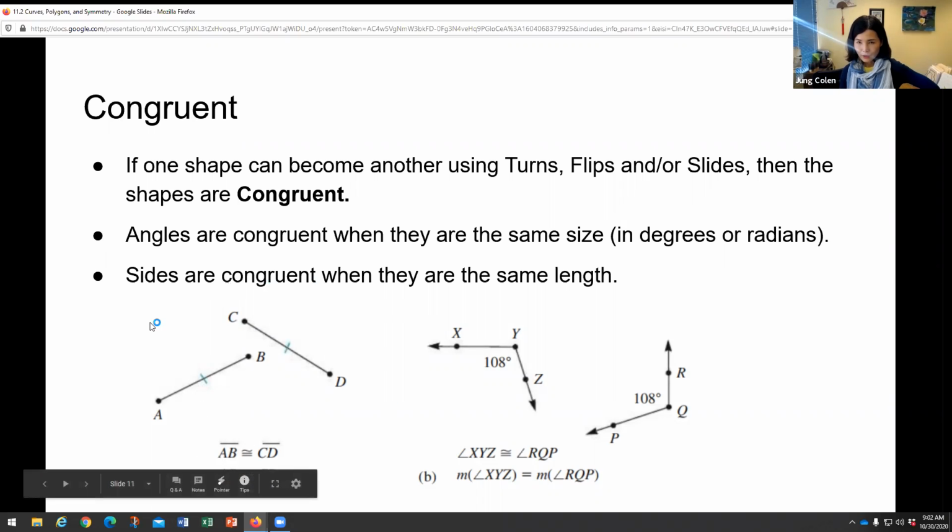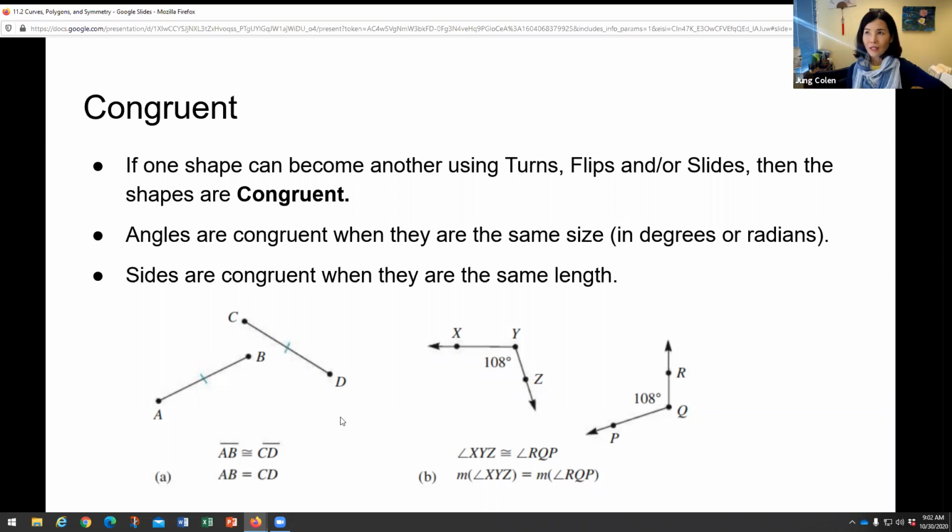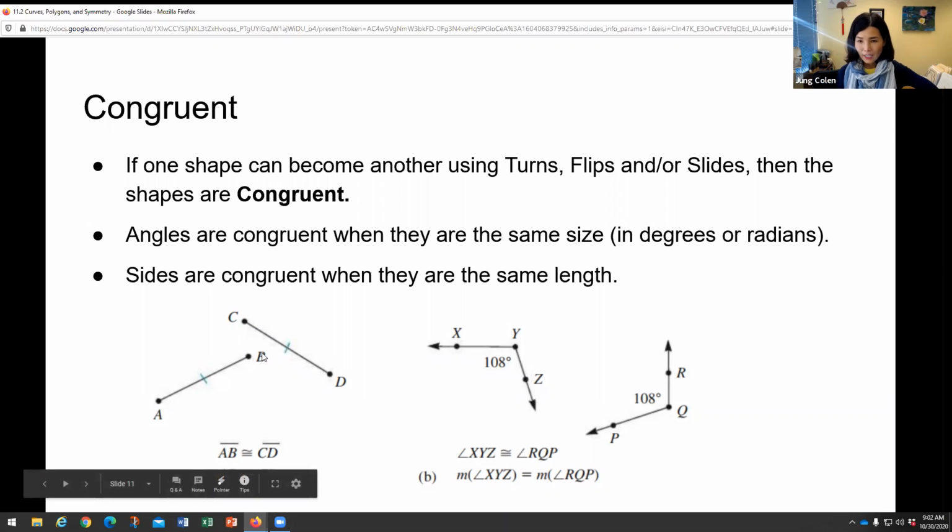Whenever you're looking at this one, these 2 sides are congruent. So line segment AB and line segment CD are congruent because their measurements are equal. Okay, listen carefully. I just said segment AB and segment CD are congruent.